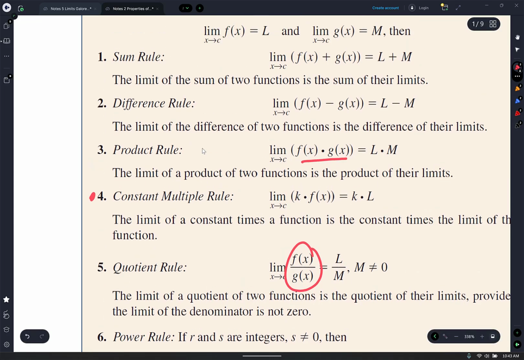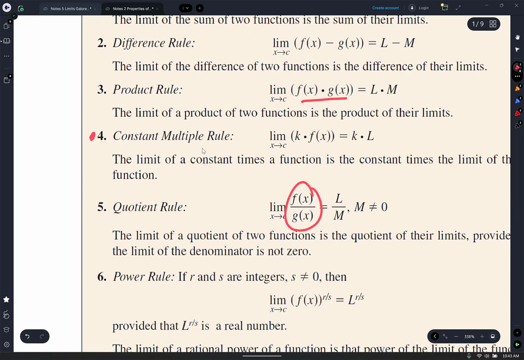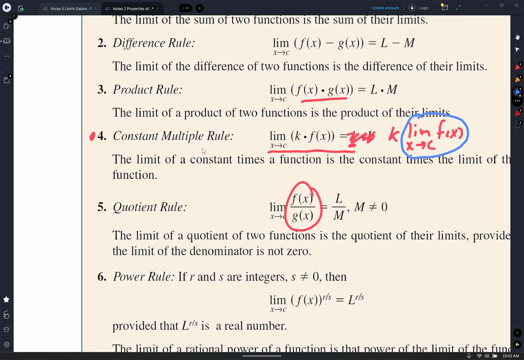See how it says the limit as x approaches c of f of x is just L, and then I have k times L. So if I wanted to, I could have said k times the limit as x approaches c of f of x. And remember, this right here is L, sorry, which is your kL that they have there. So I can just bring that k to the front of that limit.